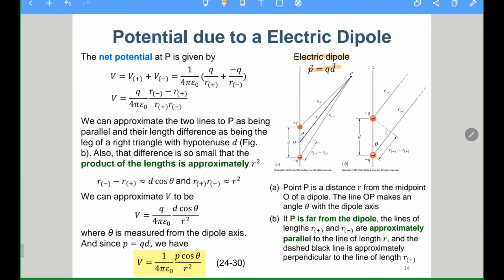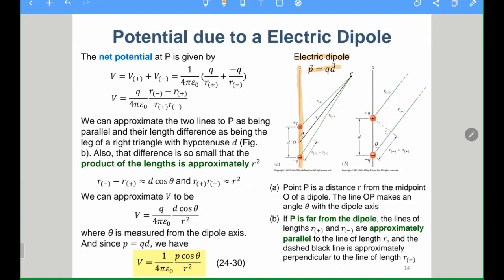Q times d will be the P vector. Because V is a scalar, it is possible to find the potential out of the z axis. In chapter 22, when we calculated the E field generated by the dipole, we could only calculate it along the z axis, and we assumed the distance we are concerned with is far away from the dipole, so z is much larger than d. With this assumption, we can calculate the E field generated by the dipole along the z axis.